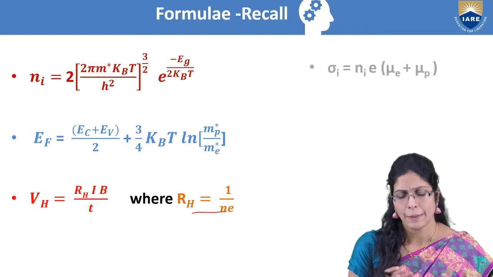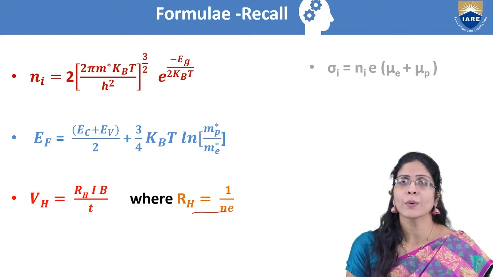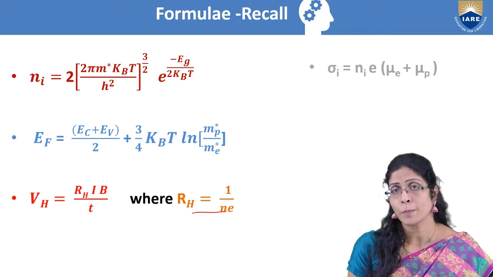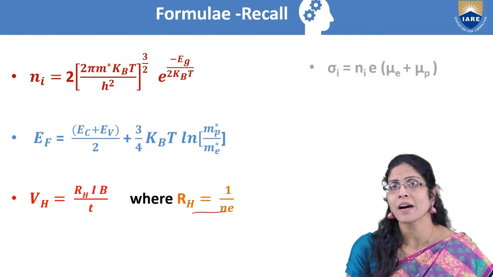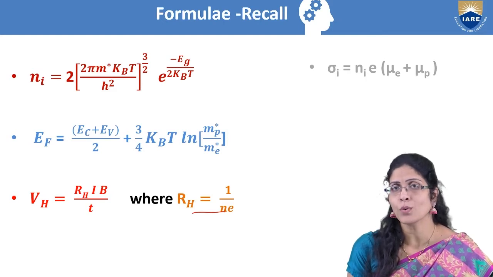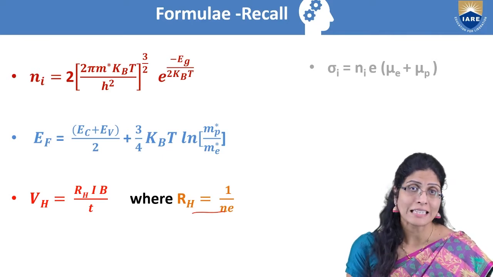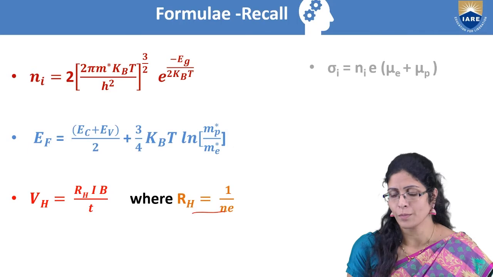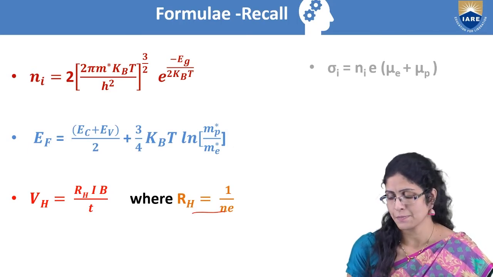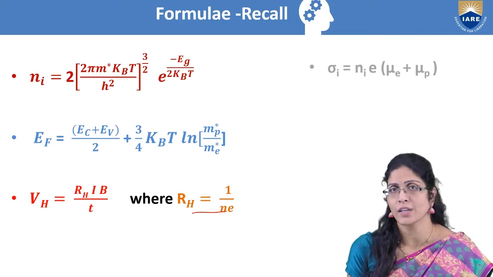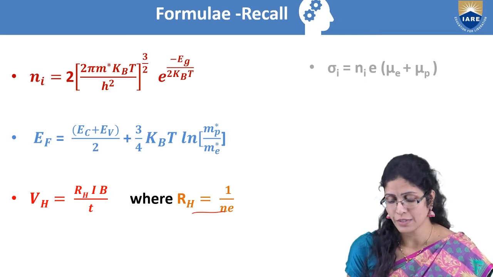Apart from this, from the applications of the Hall effect, we are able to find the mobility, conductivity, and resistivity. We know that sigma, the conductivity, is equal to Ne mu, where mu is the mobility. In terms of the intrinsic carriers, the conductivity is given by this formula, where mu E and mu P are the mobilities of the electrons and the holes respectively, Ni is the intrinsic charge carrier concentration, and E is the value of the charge of the carriers.